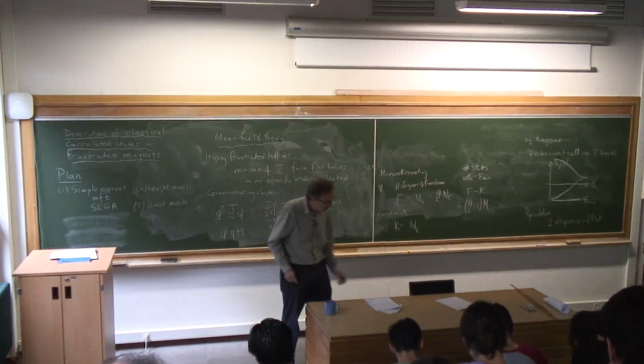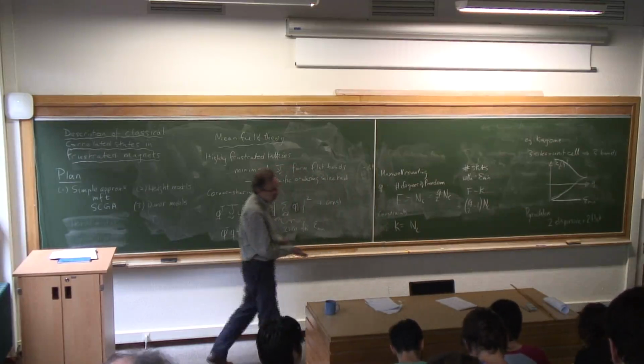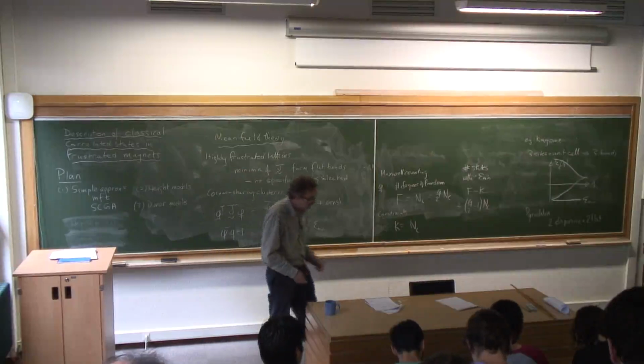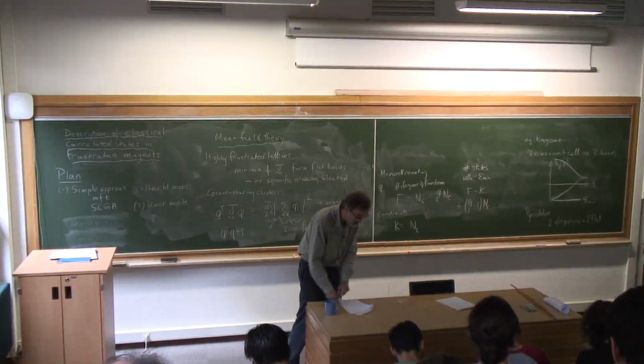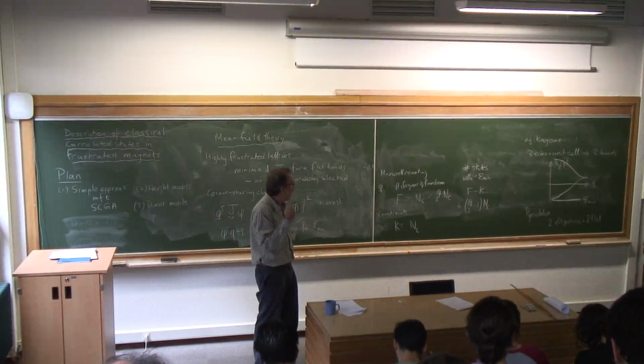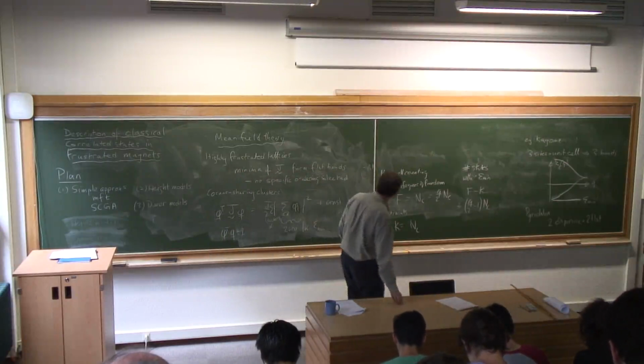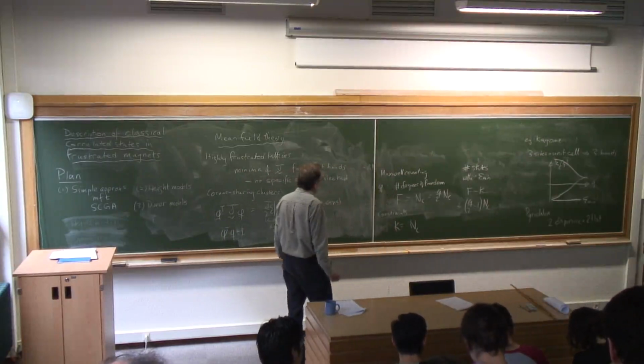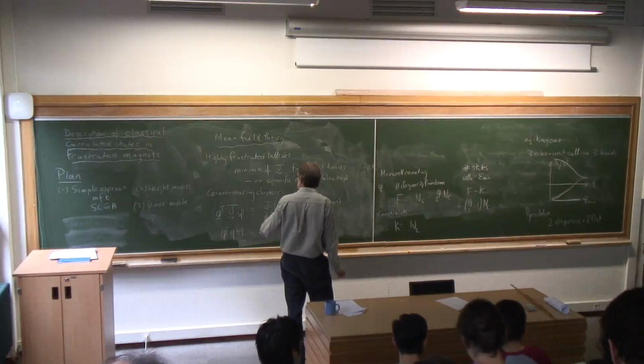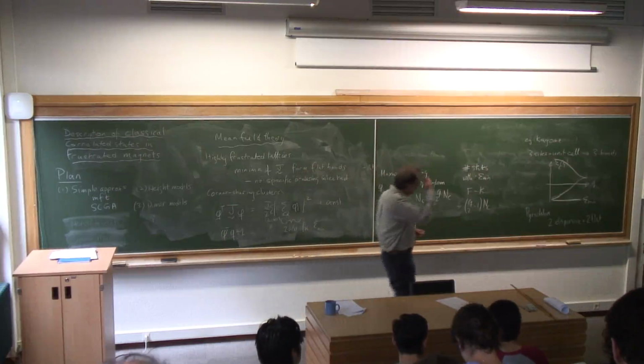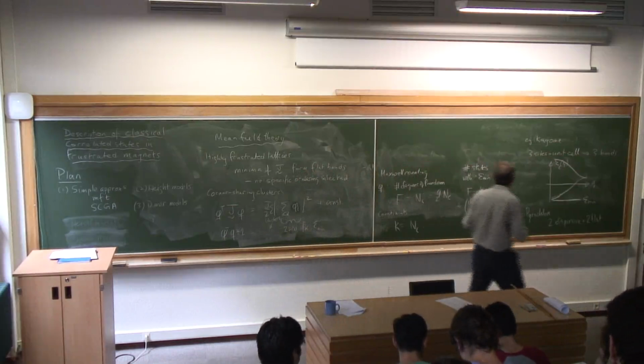Okay, so the message there is that because of this macroscopic number of states that the system apparently could order into, when temperature drops below this mean field ordering temperature, then the theory breaks down.